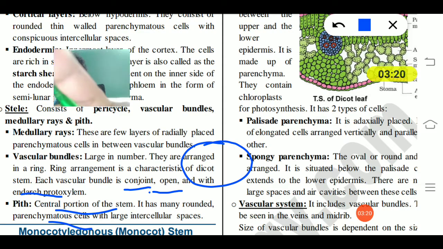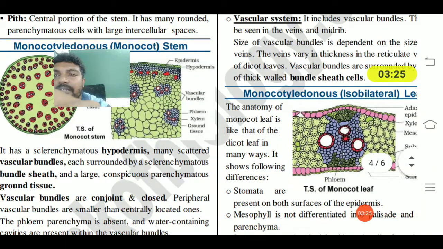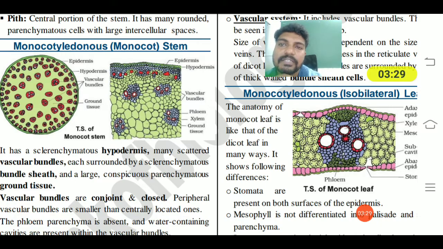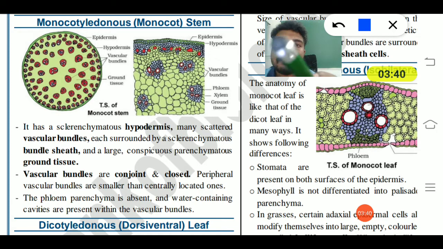Coming to the monocotyledon stem, the outermost is the epidermis, and below the epidermis there is a sclerenchymatous hypodermis, which occupies the cortex region.